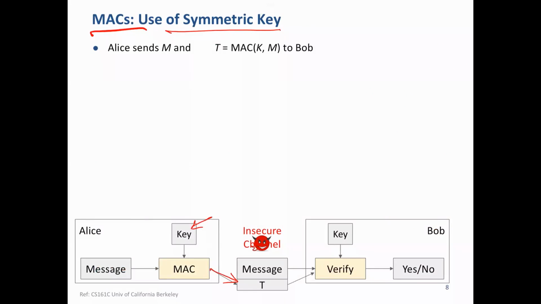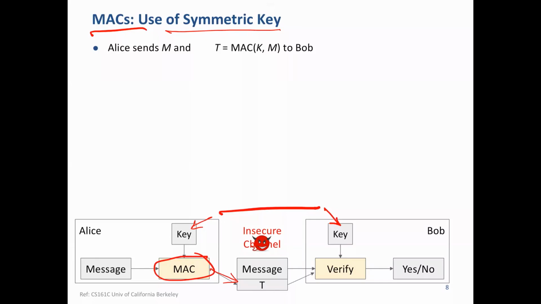Now note that the key at both ends is the same, but it may or may not use an encryption method, because if the MAC function is just plain encryption, the size of the tag will be as big as that of the message, and we don't want that, and it's also very time consuming. Encryption in general takes more time than hashing.